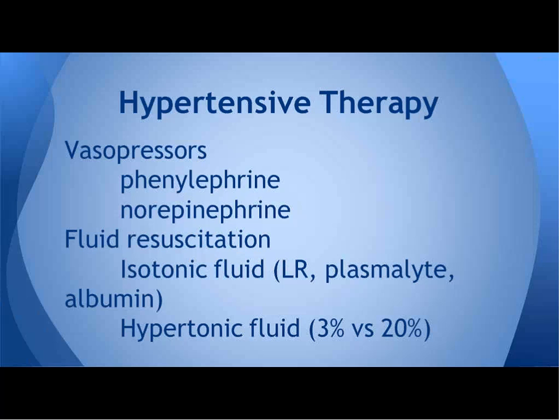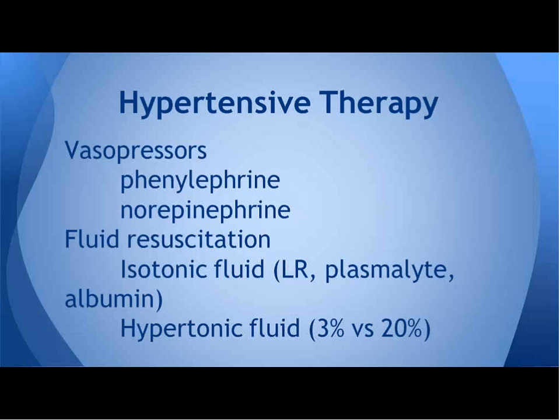Norepinephrine has general alpha and beta activity and can provide you a little bit of inotropy, or increased cardiac output, in addition to peripheral vascular vasoconstriction. Fluid resuscitation, again, there really is no consensus for which fluid is best.